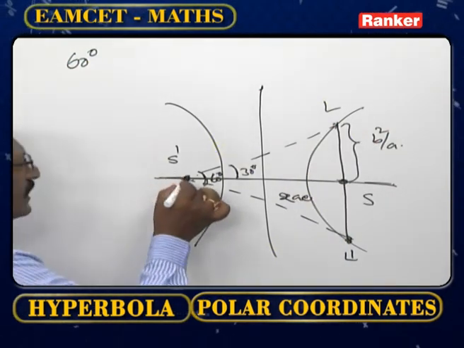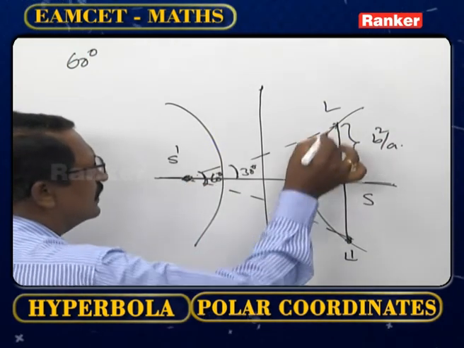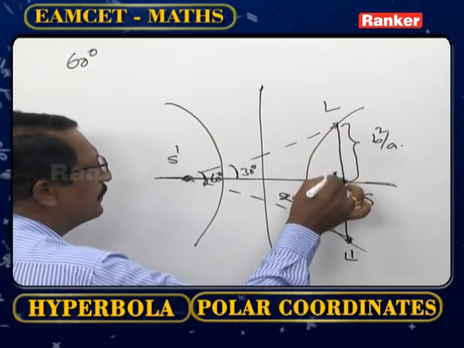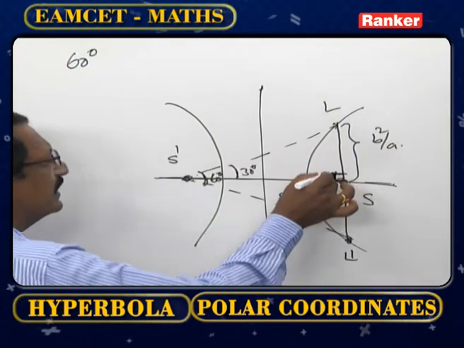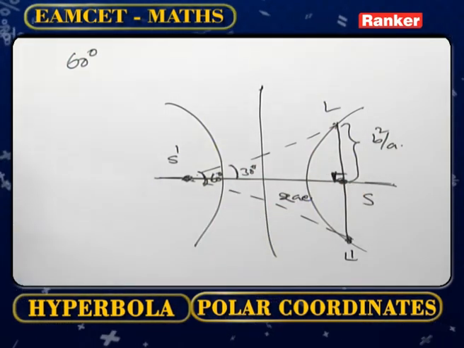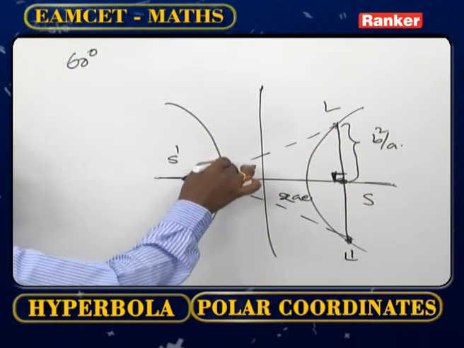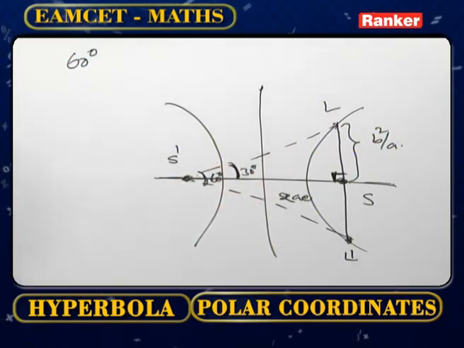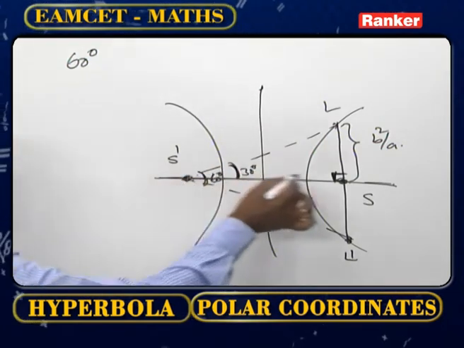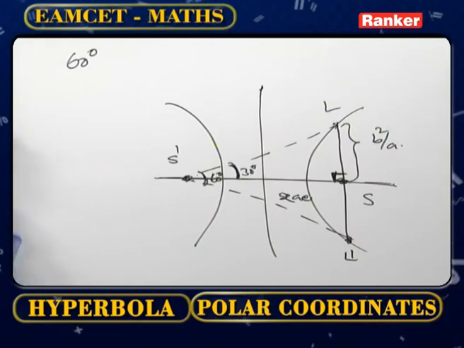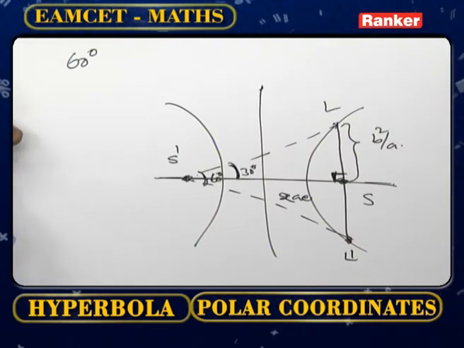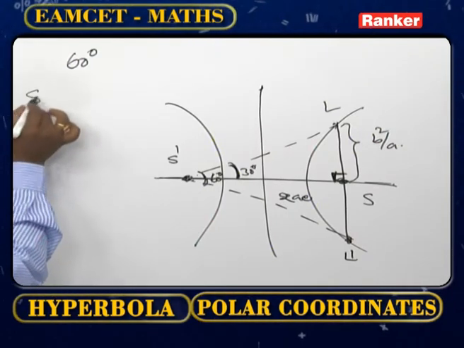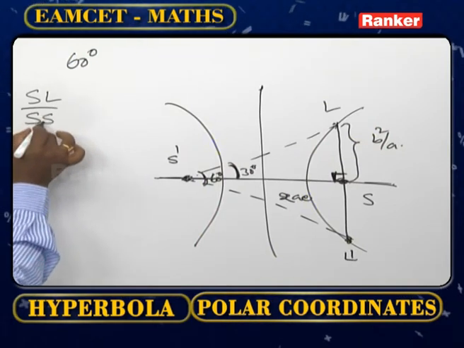Now, in triangle S dash S L, angle S equals 90, angle S dash equals 30 degrees. Now, tan 30 degrees equals SL by S S dash.